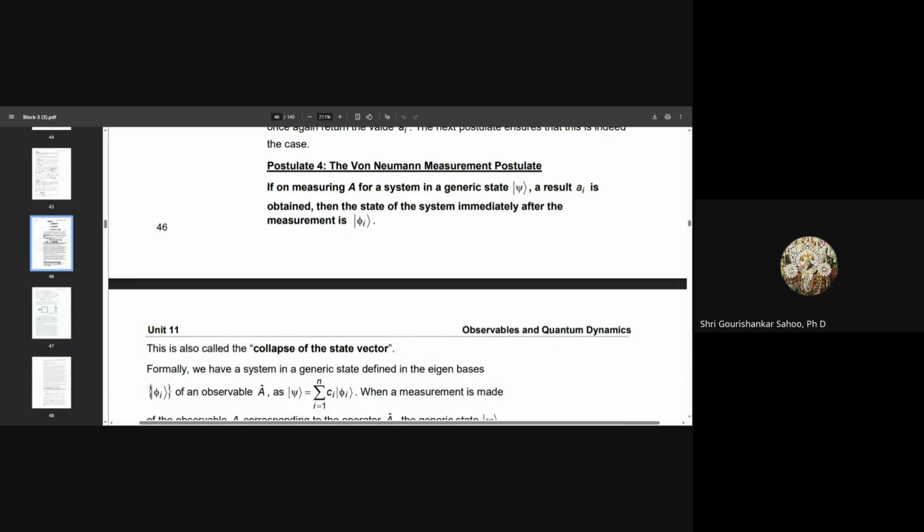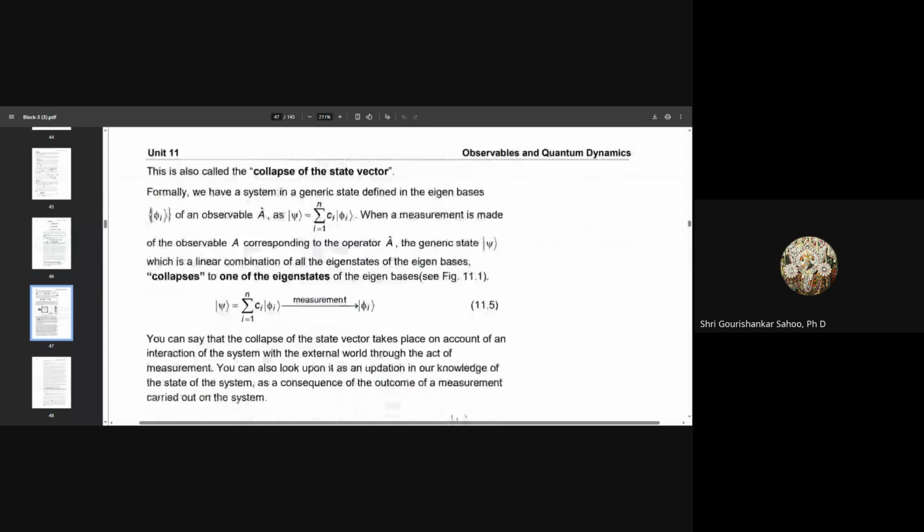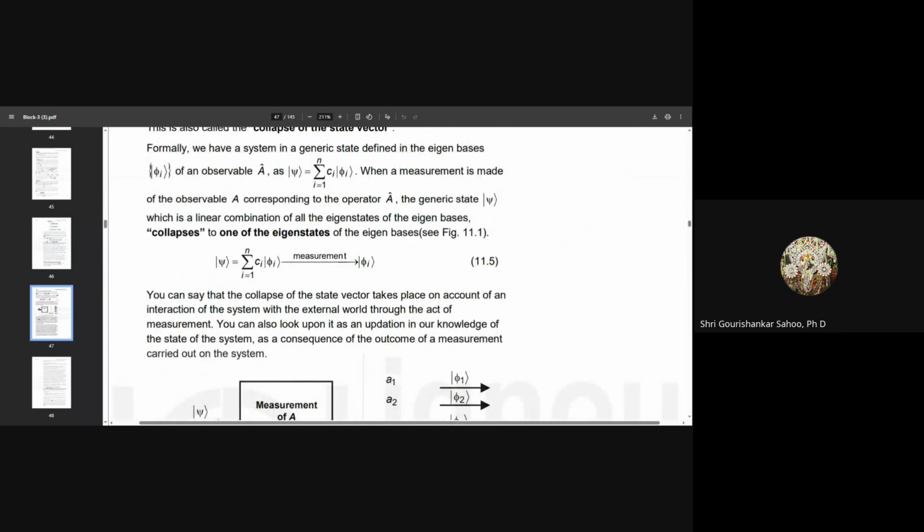Then von Neumann measurement postulate 4. If on measuring A for a system in a generic state ψ, a result ai is obtained, then the state of the system immediately after the measurement is |φi⟩, and this is the collapse of the state vector. So we have a system in a generic state defined in the eigenbasis φi of an observable Â, so |ψ⟩ = summation from i = 1 to n of ci φi.